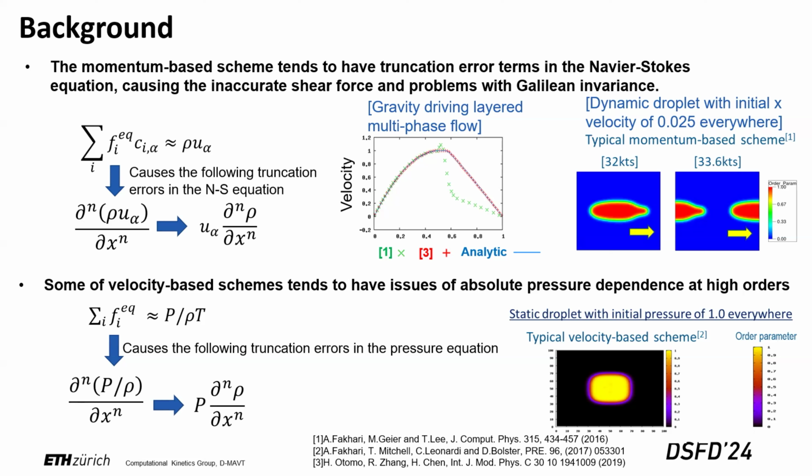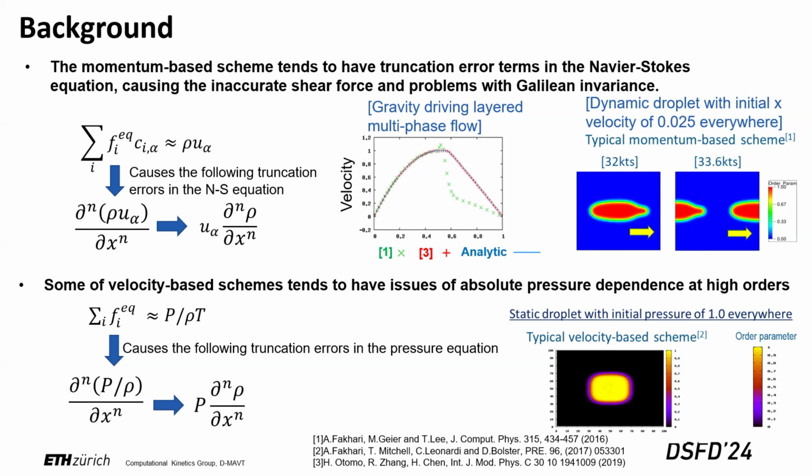For example, the shear flow: this is a multi-phase Poiseuille flow case, with the left-hand side filled by water and the right-hand side air. We have an issue with the velocity profile in the original scheme. So we tried to handle this issue with a high order correction, and we got this red curve.